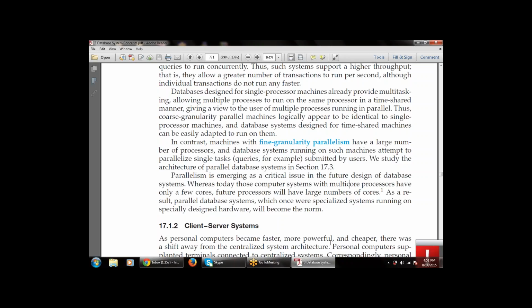Next is the client-server system. What is the client-server system, and how is it used?